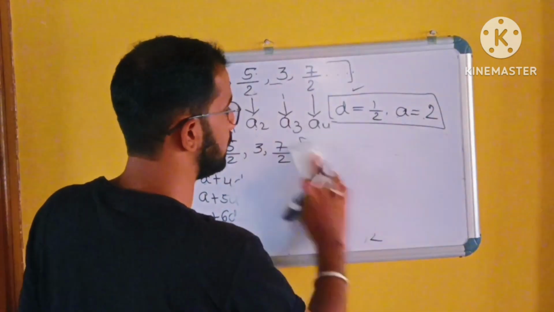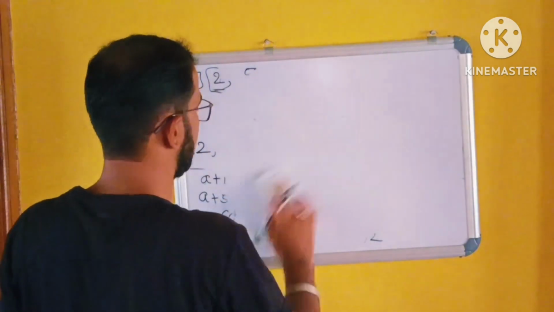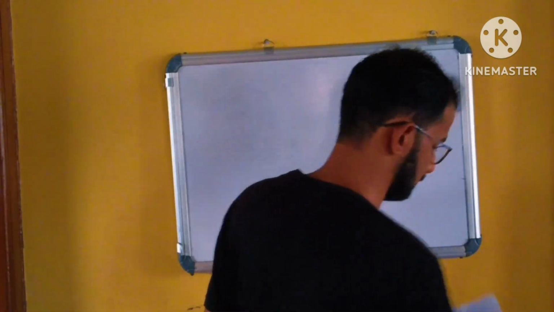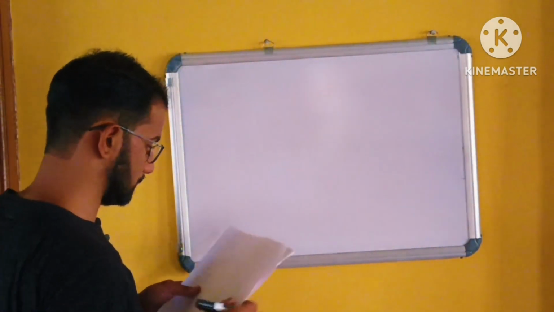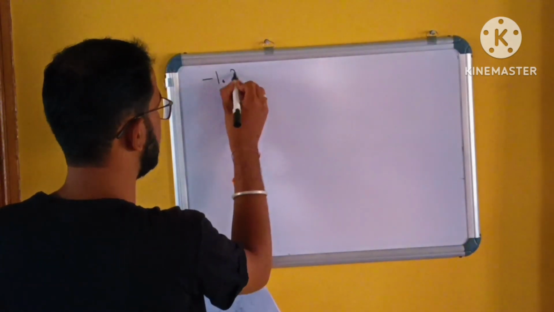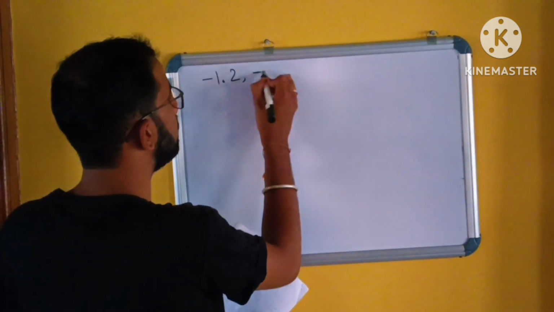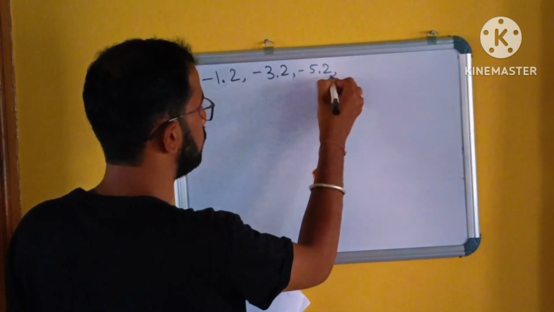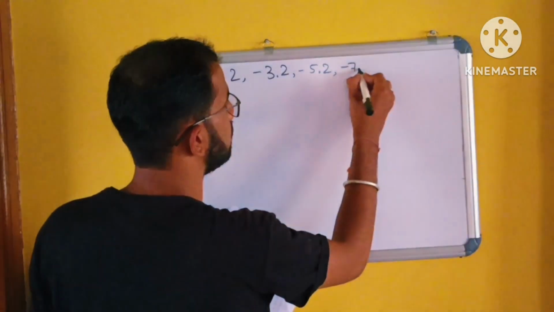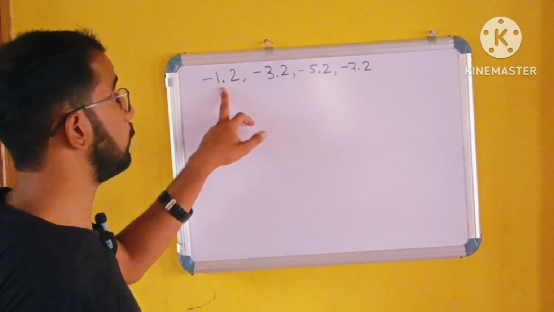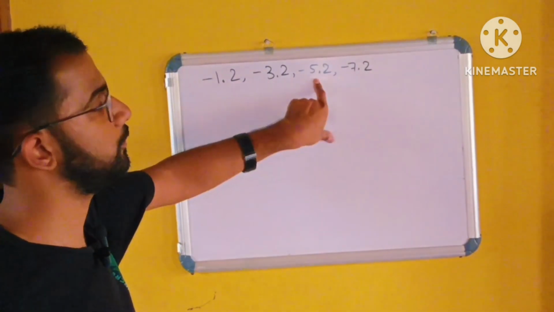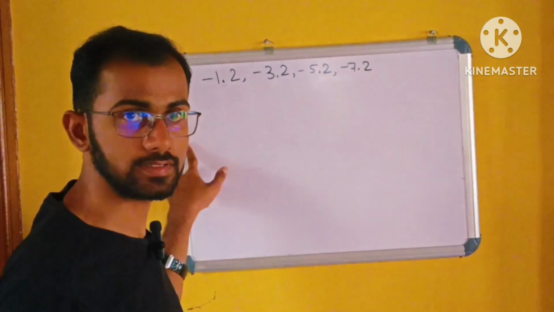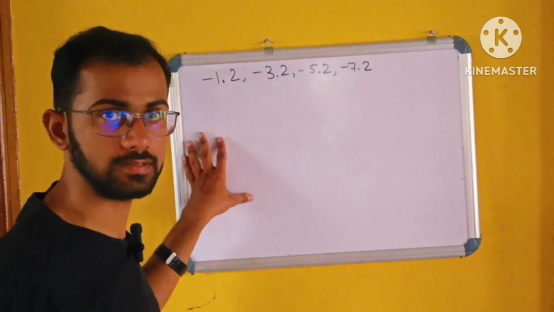Let's move on to the next example, that is minus 1 by 2, minus 3 by 2, minus 5 by 2, minus 7 by 2, sorry, minus 1.2, minus 3.2, minus 5.2, minus 7.2. This is the given list of numbers.